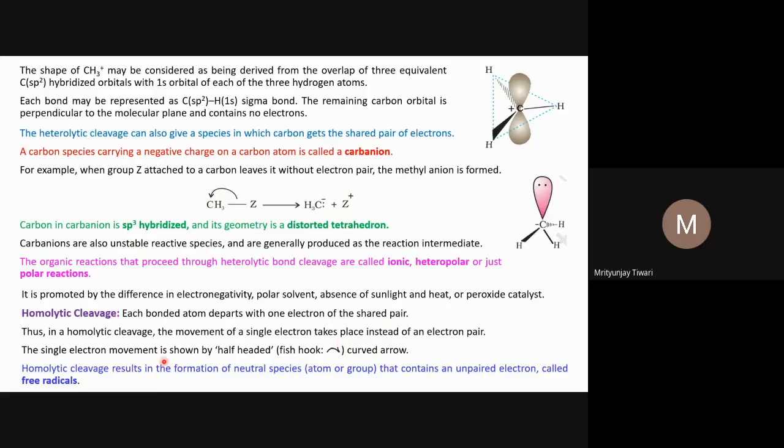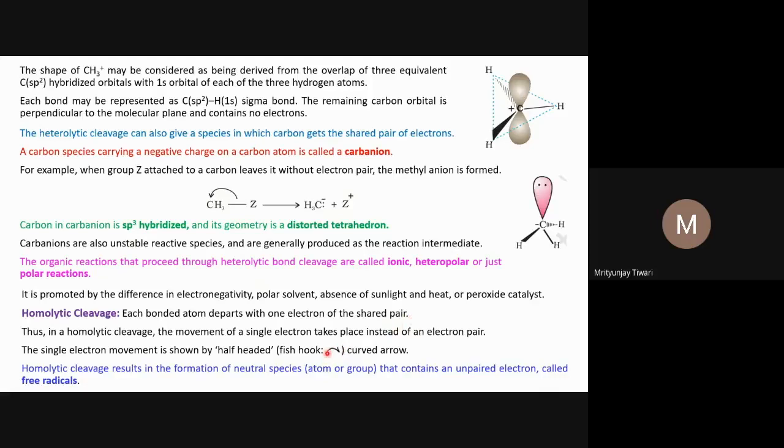The single electron movement is shown by a half-headed curved arrow, also called a fish hook. A full arrow represents heterolytic cleavage, while a half-headed curved arrow, or fish hook, means this particular bond is undergoing homolytic cleavage.